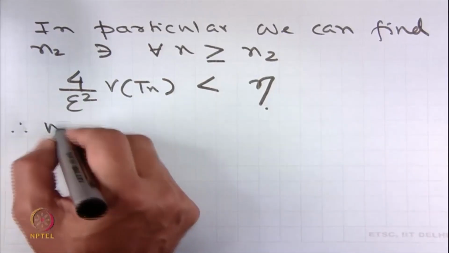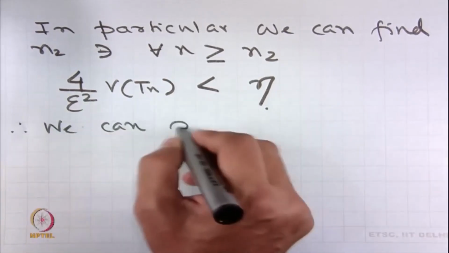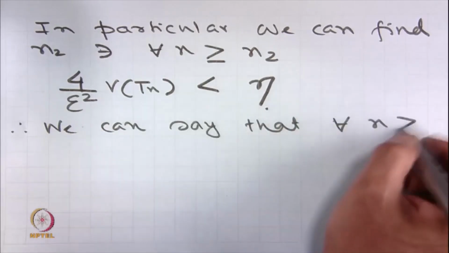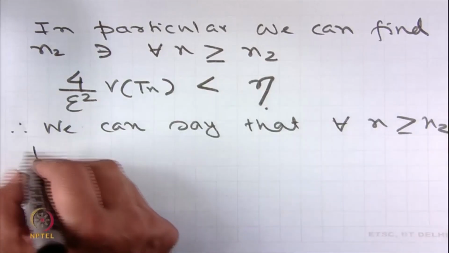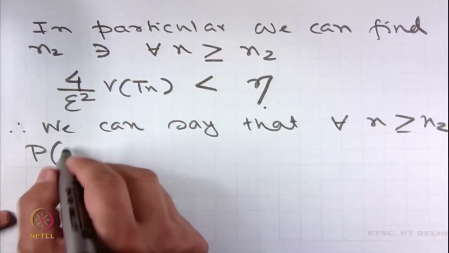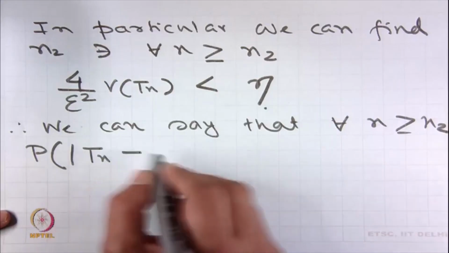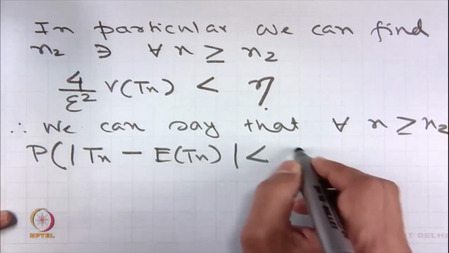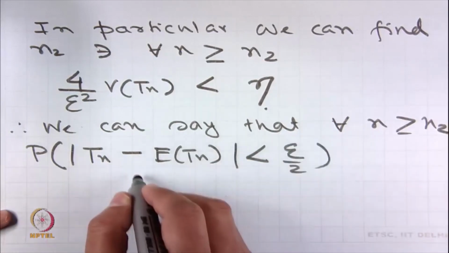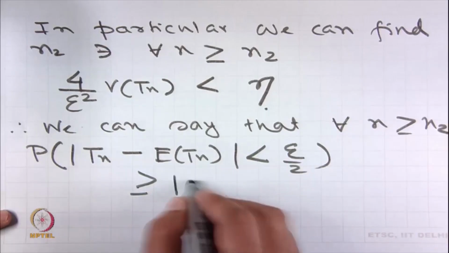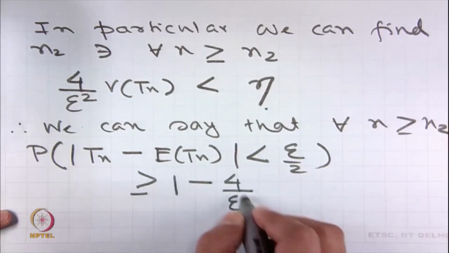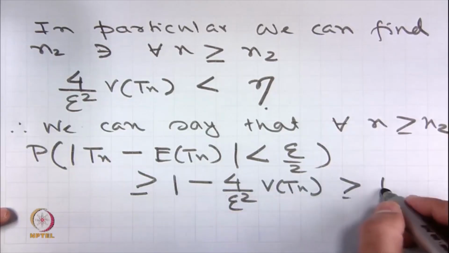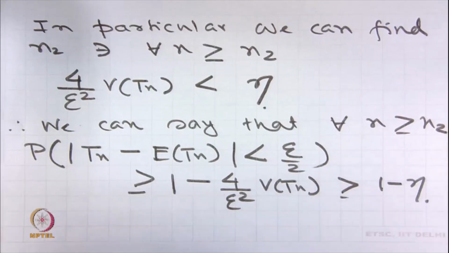Therefore, we can say that for all n greater than equal to n2, probability modulus of T n minus expected value of T n less than epsilon by 2 is greater than equal to 1 minus 4 by epsilon square into variance of T n, which is greater than equal to 1 minus eta.